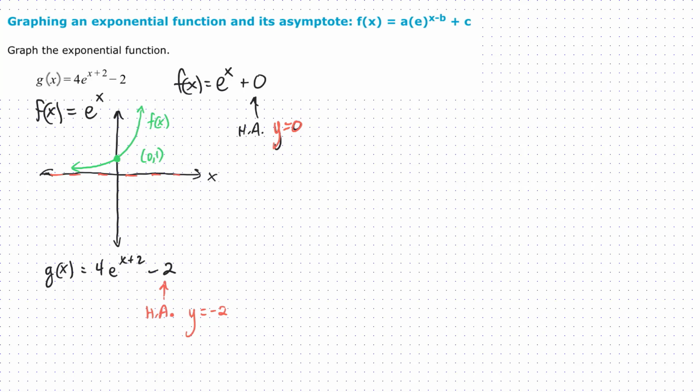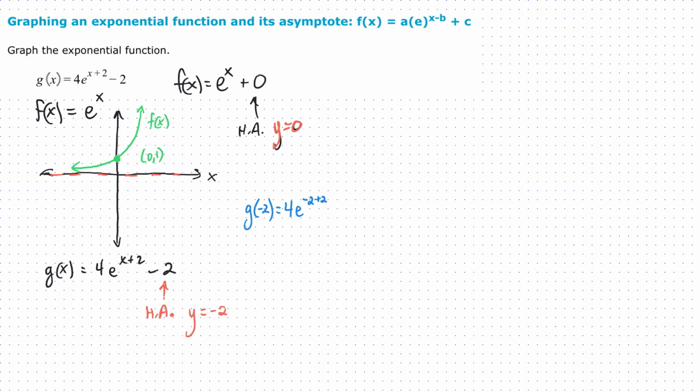The other thing we're going to need is a couple of ordered pairs. A simpler ordered pair would be picking x to be -2. So why don't we find g of -2? G of -2 is going to equal 4 times e to the what? -2 plus 2.